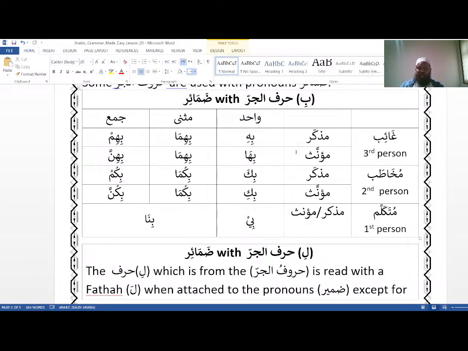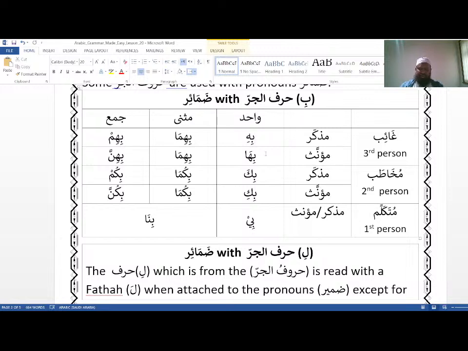حروف الجر also comes with ضمائر, with لام حرف الجر لي. The حرف لي, which is from the حروف الجر, is read with a فتحة when it is attached to a ضمير. Right? Remember this.